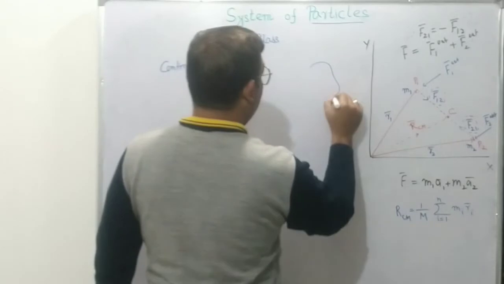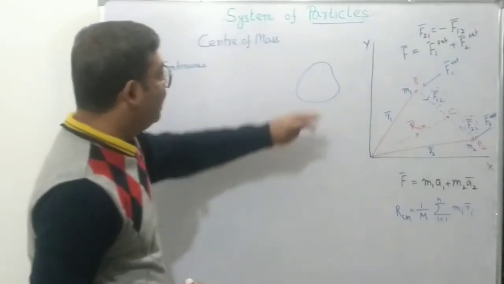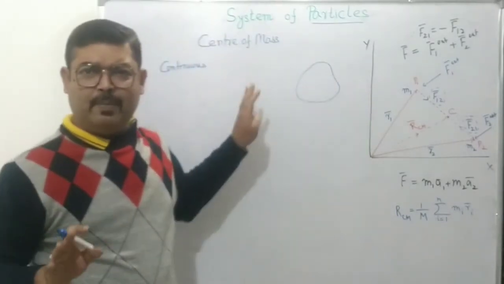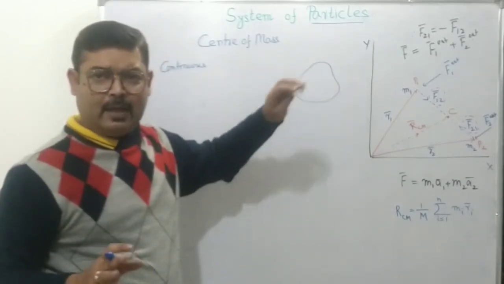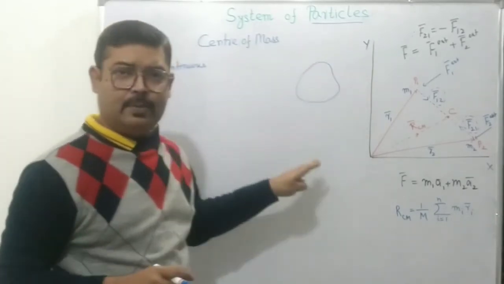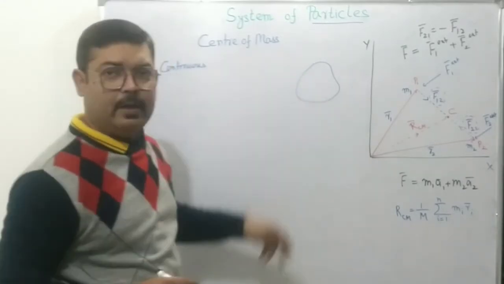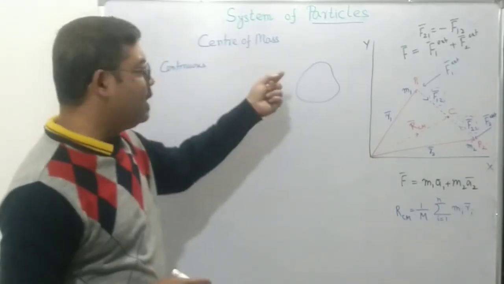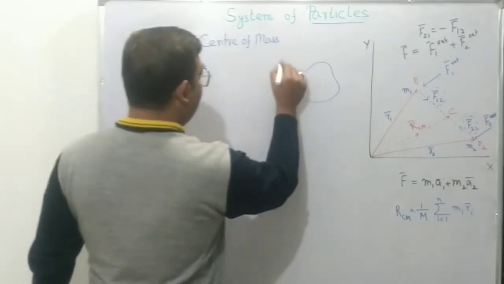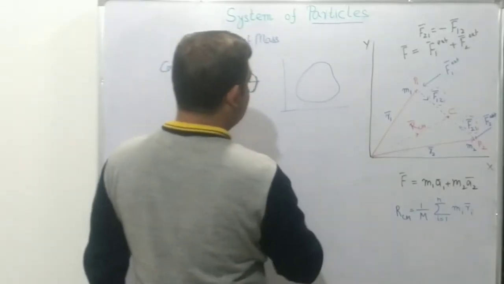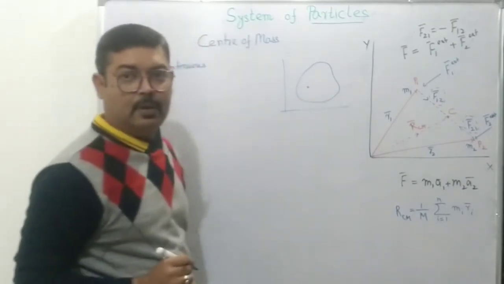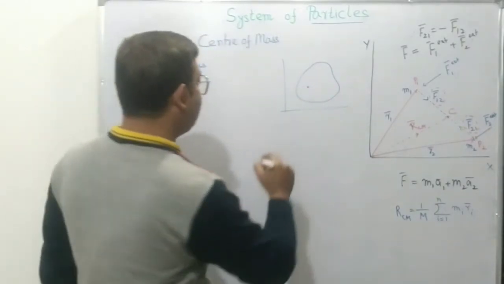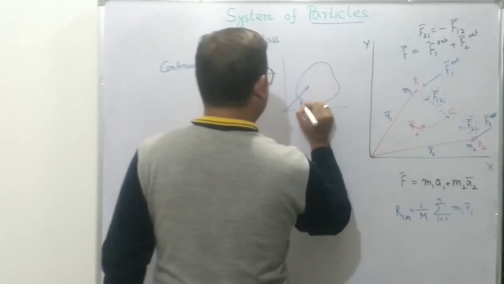So let us say we have a body, there are huge number of masses distributed, right? The entire mass of the body is distributed all over its area, volume, right? So we do not know how to find each and every particle. So what we will do to find the center of mass of such a case, we will consider a very small volume and find its position vector.